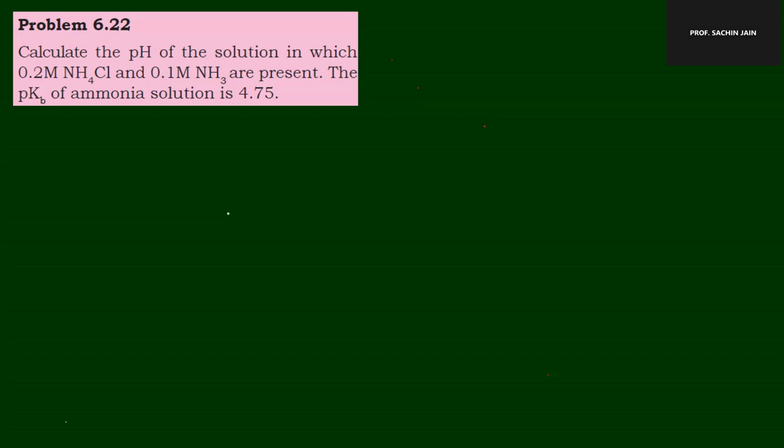Yes. Now इसमें एक observation, ammonium chloride will dissociate completely into NH4 plus and Cl minus. And ammonia, when dissolved in water, will form ammonium hydroxide, which is NH4 plus and OH minus.